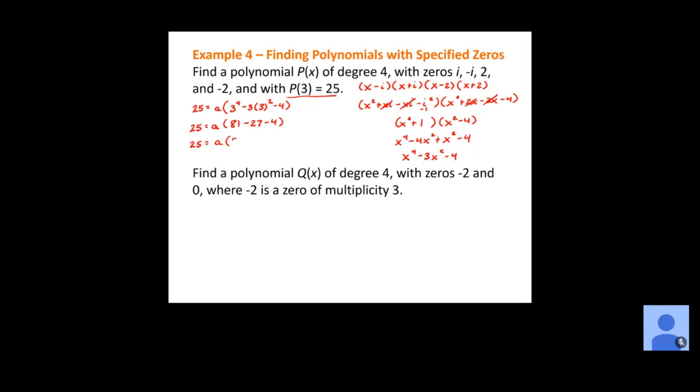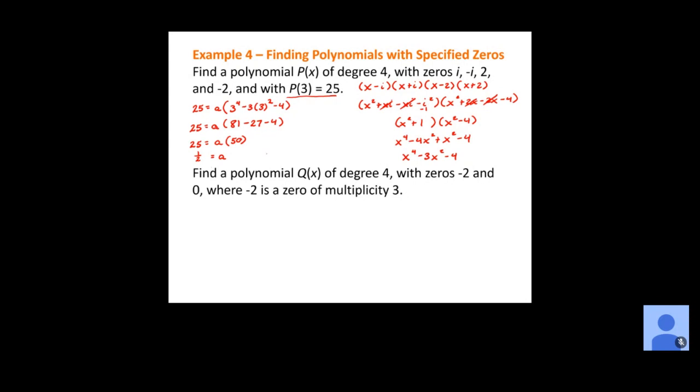Good. That's going to be 50. Then our last step, we need to get a by itself. So I'm going to divide by 50. 25 divided by 50 is going to give us what? 1/2. Good. And so now I know that I have an a value of 1/2.